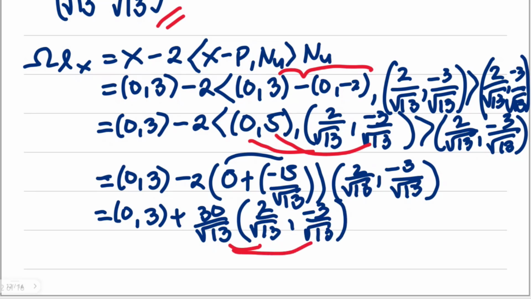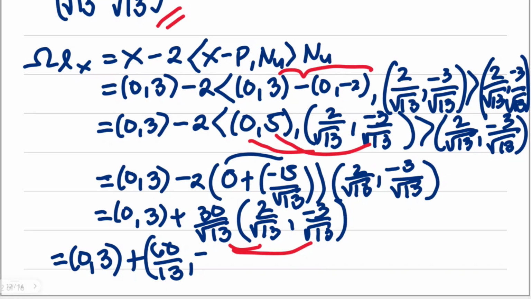As you can see on our denominators, when we multiply radical expressions, we will have rational answers now, because square root of 13 times square root of 13 is just 13. This is now equal to (0, 3) still, plus 30 times 2, that's 60 over 13. Let's not simplify them in the meantime. And 30 times negative 3 is negative 90 over 13.